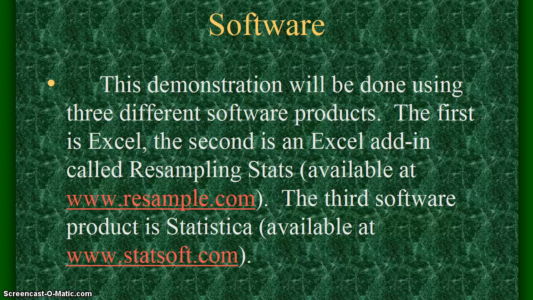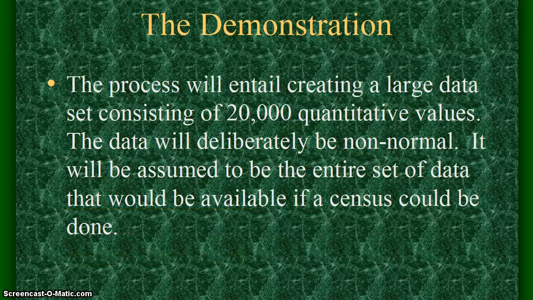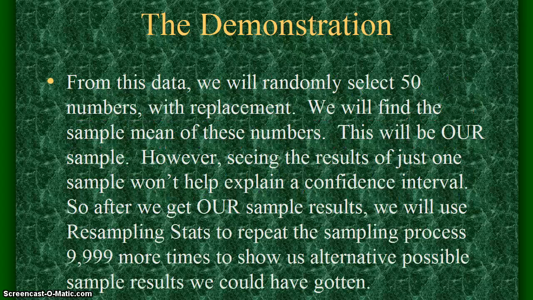Various software products are used to show this demonstration, including Microsoft's Excel, an Excel add-in called Resampling Stats, and Statistica. What we're going to do is start with 20,000 quantitative values that will not be normally distributed, and we're going to consider this to be the entire set of data.